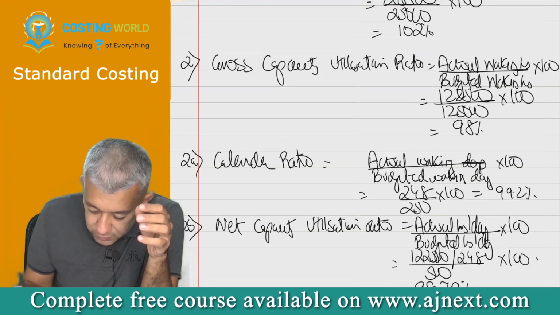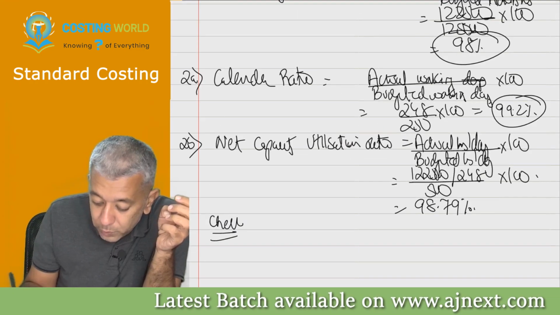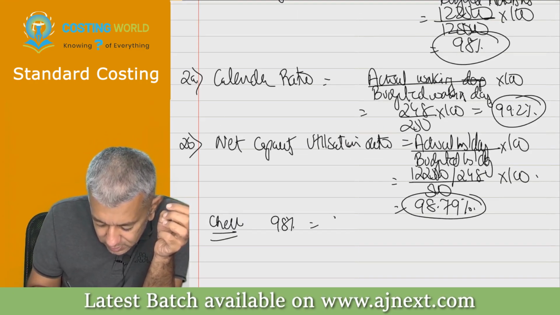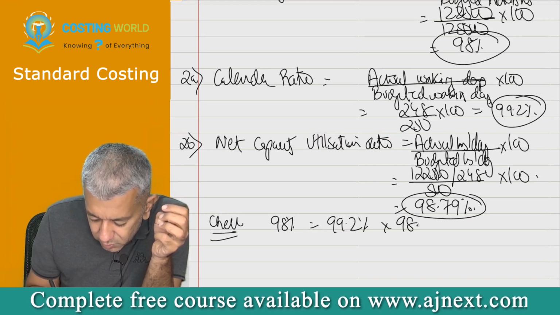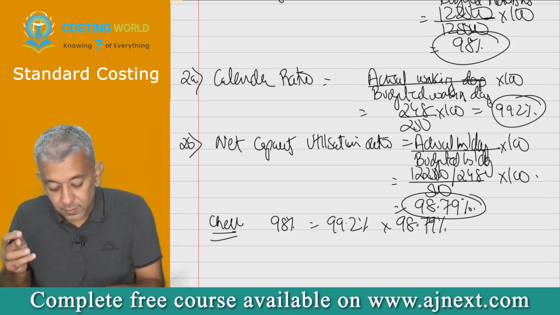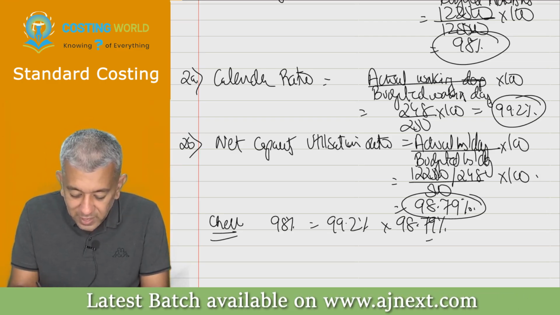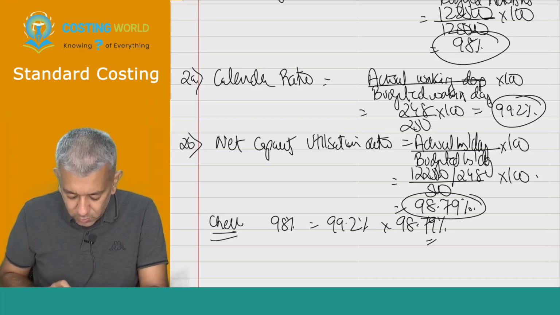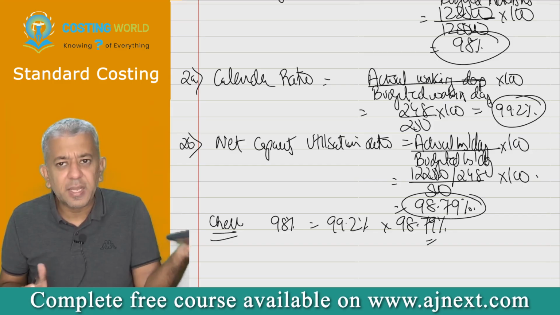Second ratio should tally with 2A into 2B. Write down 98% is equal to 99.2% into 98.79%. You can take your calculator once. You must have 98.79 on your calculator right now, into 99.2%. That should come to 98%.